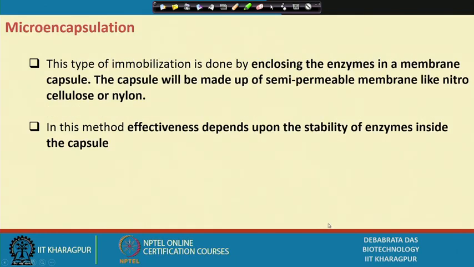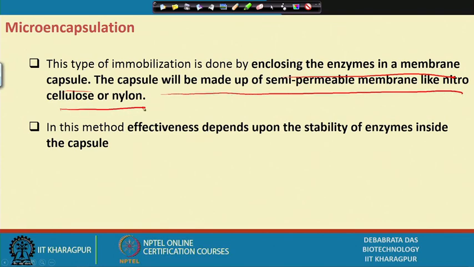Now, microencapsulation is a type of immobilization that encloses the enzymes in a membrane capsule. The capsule should be made of a semi-permeable membrane like nitrocellulose or nylon. In this method, the effectiveness depends upon the stability of the enzyme inside the capsule.